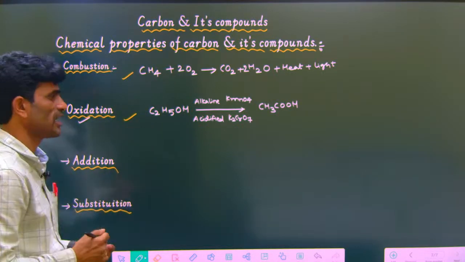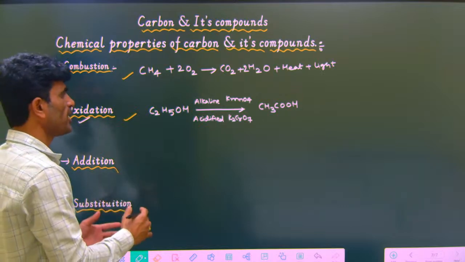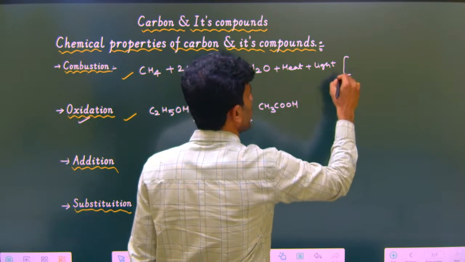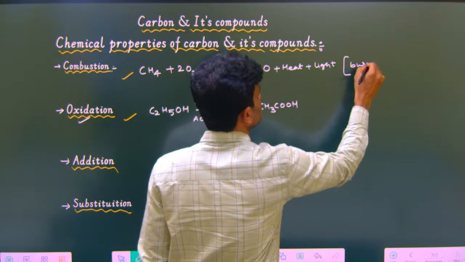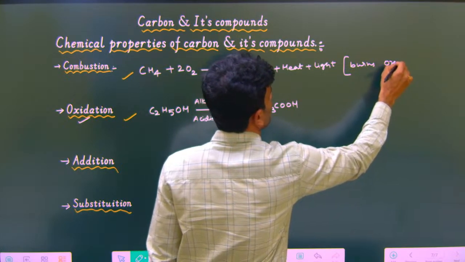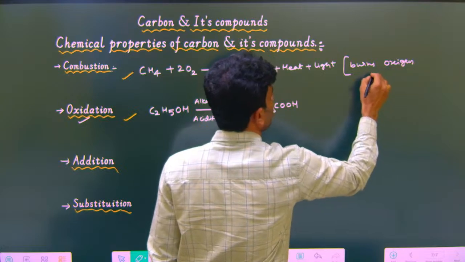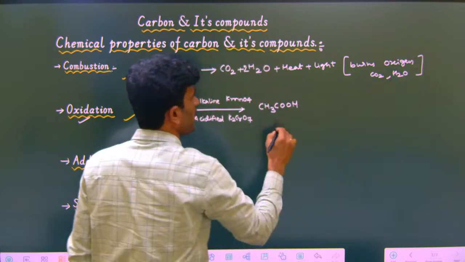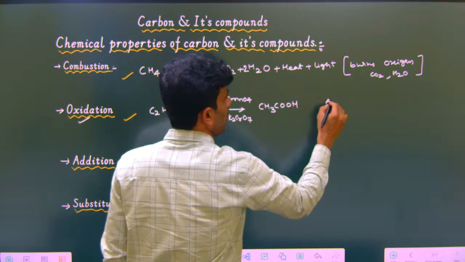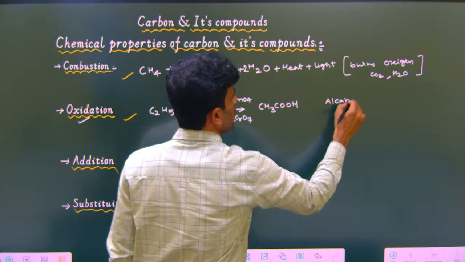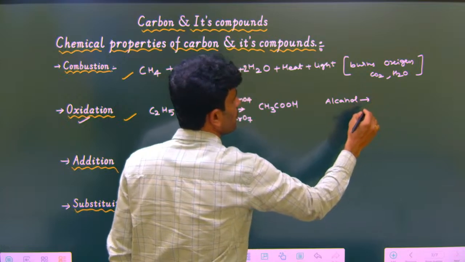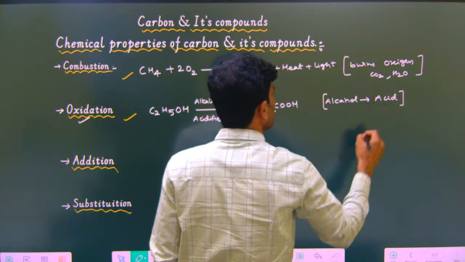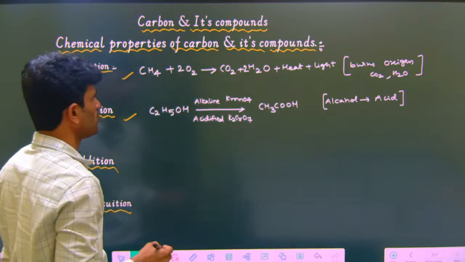Next, in addition reaction, unsaturated hydrocarbons will be converted into saturated. So here you remember as a shortcut: combustion burns in the presence of oxygen and forms CO2 and water. In oxidation, alcohol will be converted into acid in the presence of KMnO4 or K2Cr2O7.